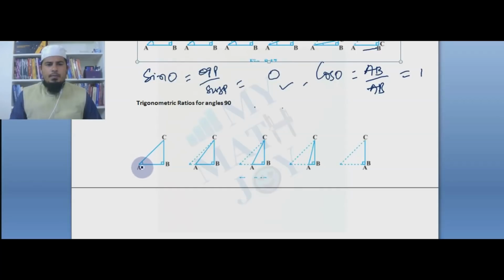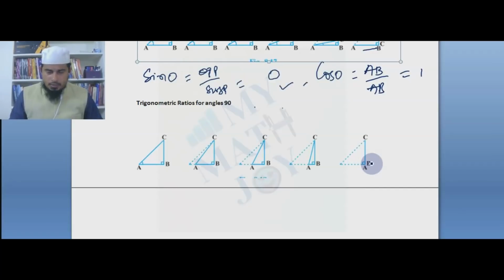As we move towards B in this diagram, I want to increase the angle, so further increase with BC remaining constant. As we move towards the altitude side, the angle keeps increasing. At last, what happens? Adjacent side vanishes, and exactly angle becomes 90 degree.